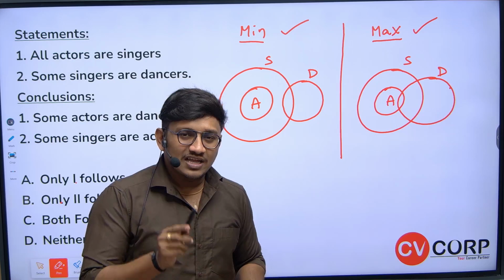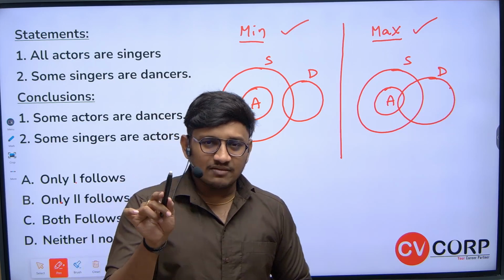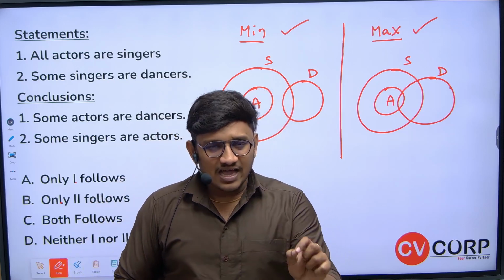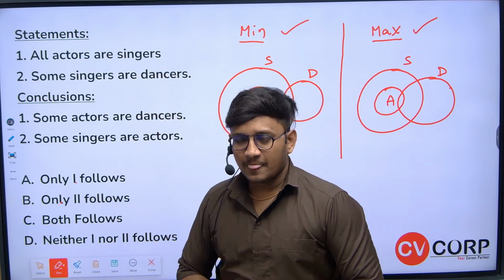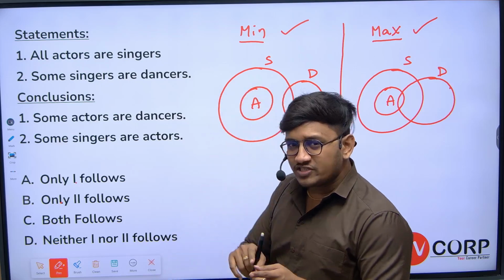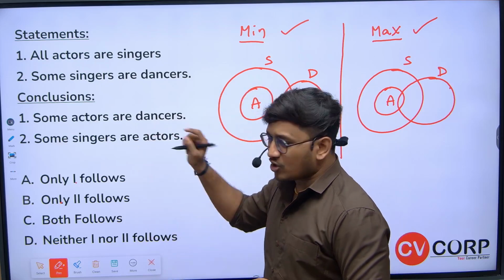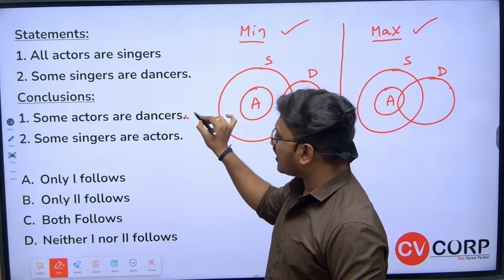In 99 diagrams, those diagrams are saying that one conclusion is correct. Let's assume when you are cross checking whether conclusions are correct or not, I'm just taking the first conclusion.